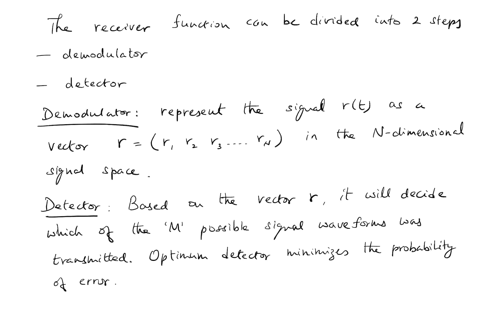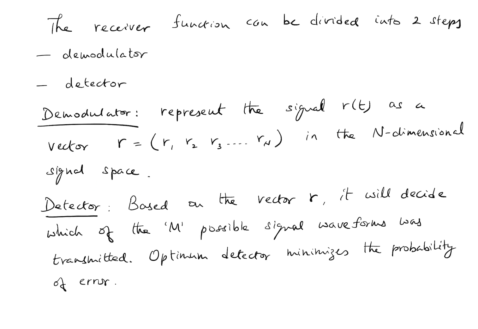So let us first see what the function of the demodulator is. The function of the demodulator is to convert the signal waveform r(t) into its vector representation, which is a vector of length n. So it has to transform the waveform into a vector representation in the n-dimensional signal space.